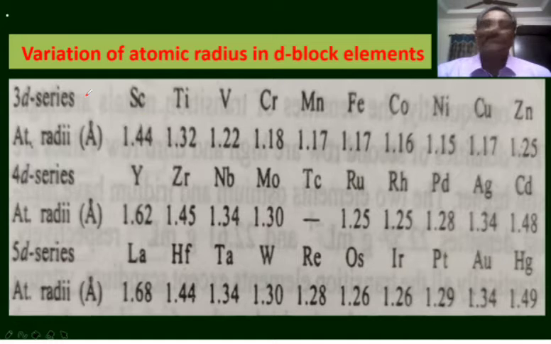The elements in the fourth period are scandium, titanium, vanadium, chromium, manganese, iron, cobalt, nickel, copper, zinc. Here the atomic radii are given in terms of angstrom units. The atomic radius of scandium is 1.44 angstrom units. The atomic radius of titanium is 1.32 angstrom units.